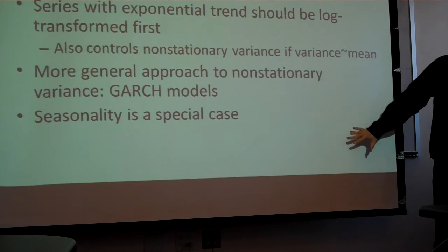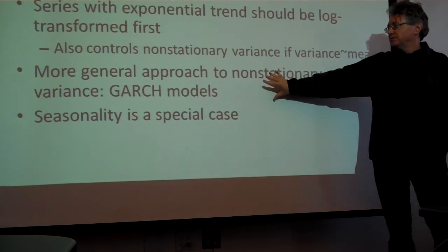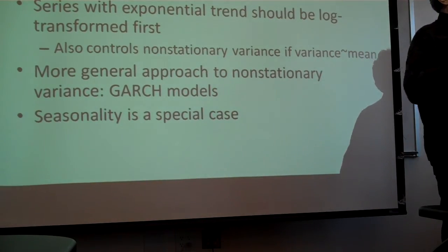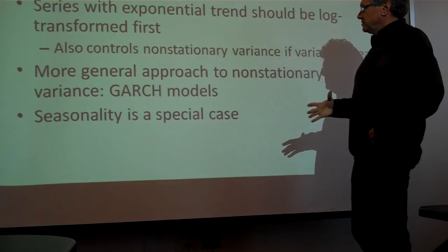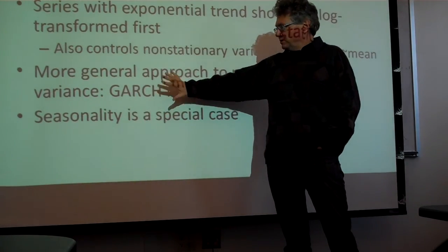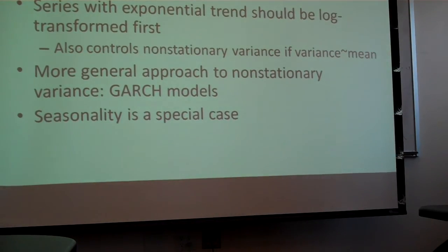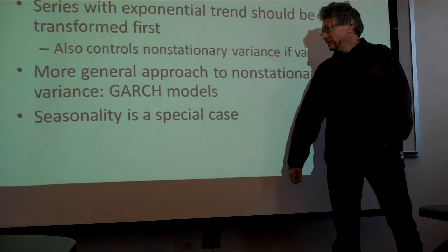There is a class of models that takes a more general approach to dealing with non-stationary variances. This is an area I don't really know much about, so I'm not going to say anything about what goes into them, but just to let you know that such models exist.